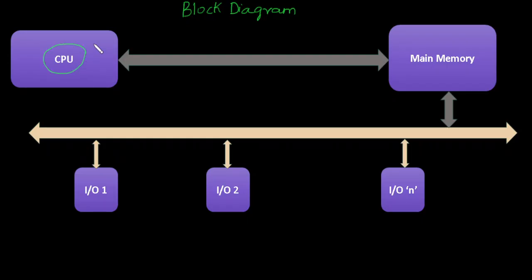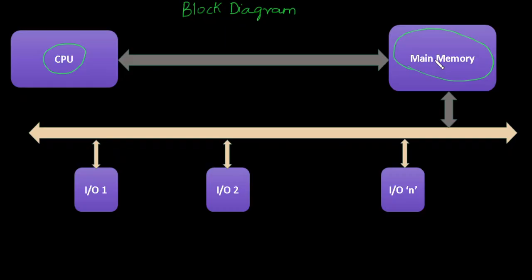The CPU is also called the processor because our program is executed by the CPU. So we need to understand the role of the CPU and main memory. The CPU interacts only with main memory directly. Please observe, the CPU will always interact with main memory.